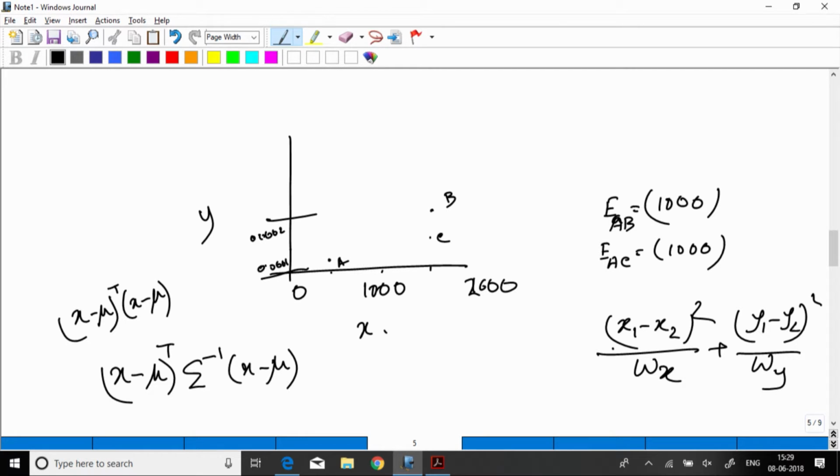Now if you multiply it with the covariance matrix in between, then if this side has less variance and this side has more, you are actually dividing by the covariance, and it will give better distance calculations, which are helpful for machine learning. This distance calculation is called Mahalanobis distance.